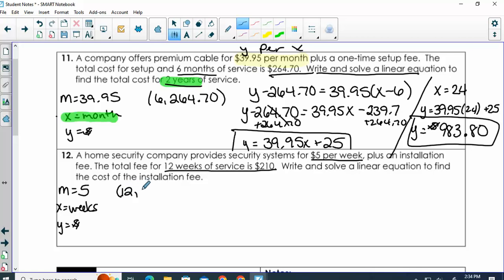It's my ordered pair, 12 comma 210. So then we put it in the point slope formula. So y minus the y value, y minus 210, equals m, which is 5, times x minus 12.